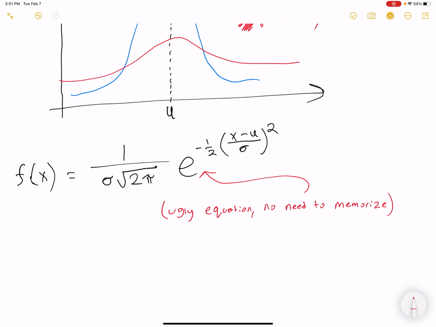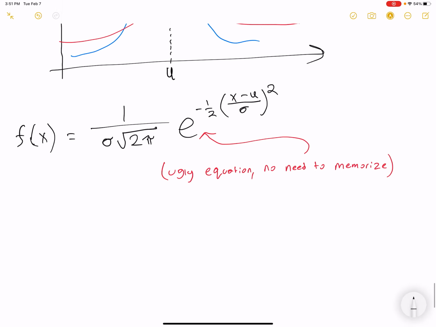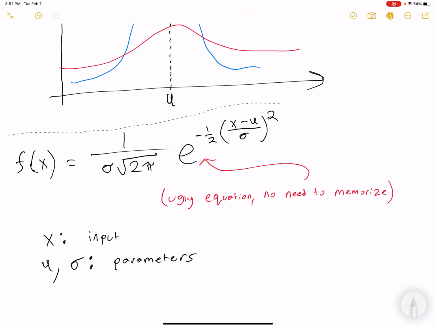But so that's the equation, and x is the input, and mu and sigma are the parameters of that equation. And this equation has a name.